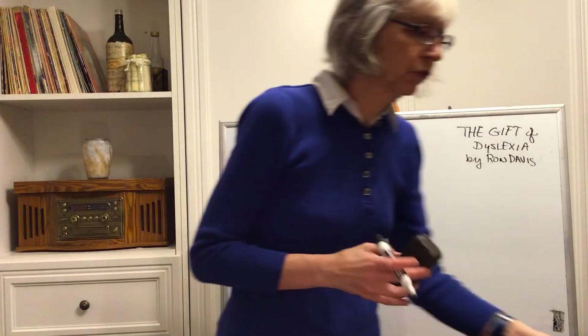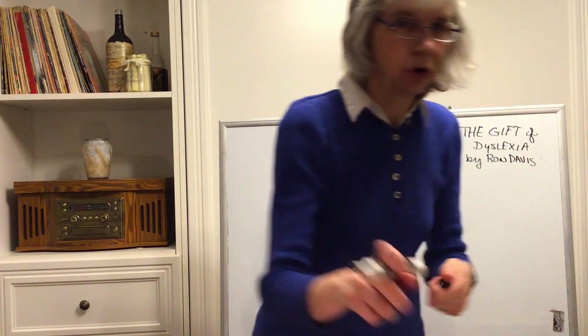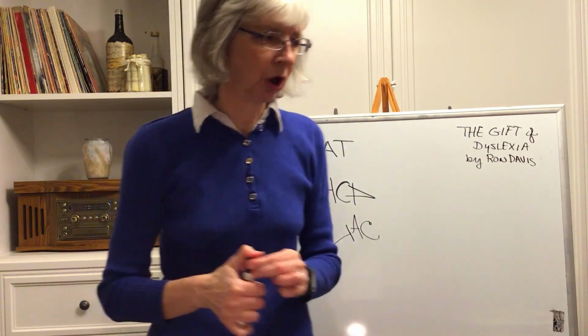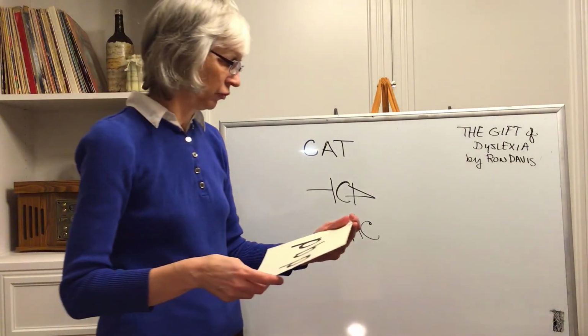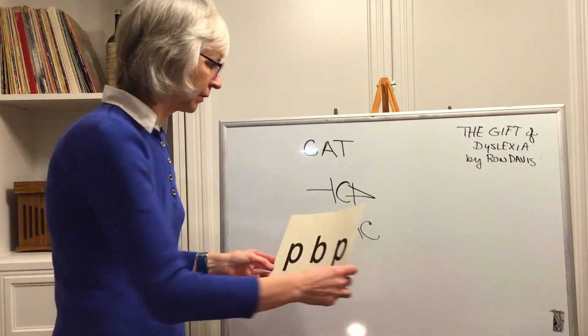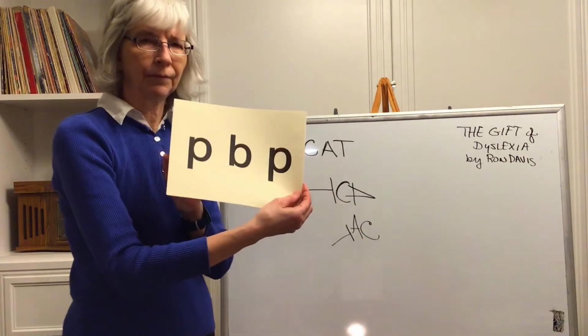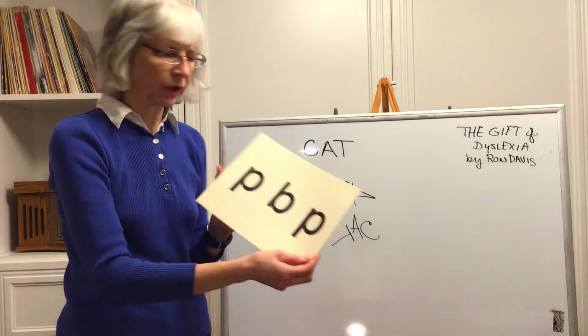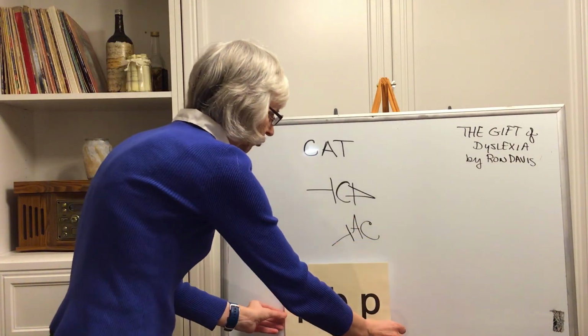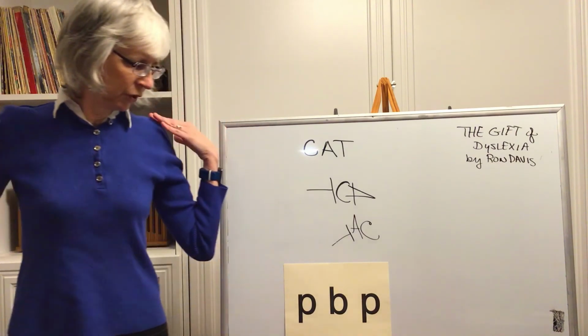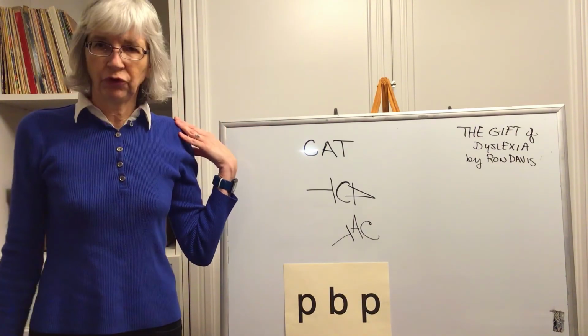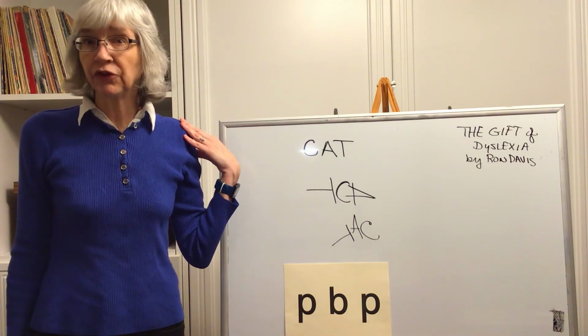A most dramatic story of that was with a student. She was about 10 years old, I believe, and she came in to tutoring with me, and I was using an exercise like this in those days. She was supposed to put her hands on the shoulders and show me the direction of the tail and say the name of the letters.